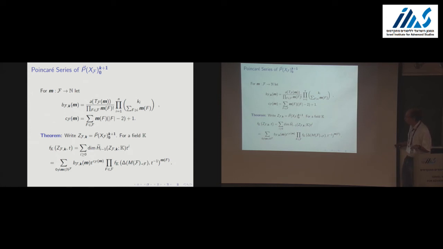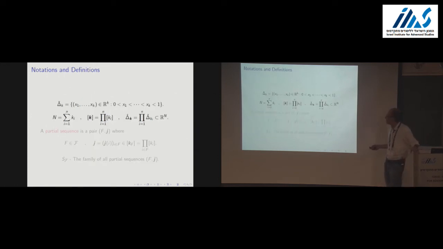We get here this number and this number that were defined here, and the main part is this product of Poincaré polynomials of these matching complexes that depend only on the hypergraph and on M. Now, one can have an opinion whether this is simple or not, but in some cases it can be computed very easily, and I'd like to give one or two examples.